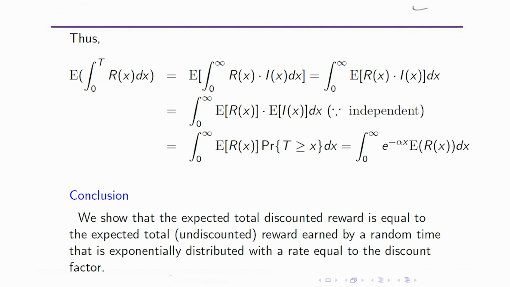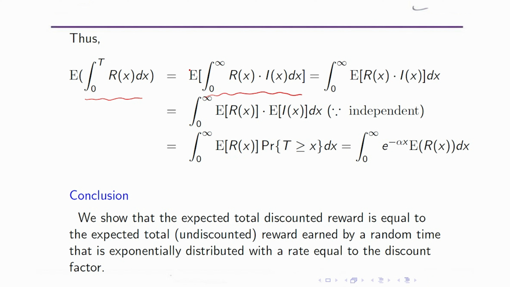Now, the right-hand side, the expectation of the integral of R(x) dx from 0 to T, is equivalent to the expectation of the integral of R(x) I(x) dx from 0 to infinity, because we have known that these integrations are equal.